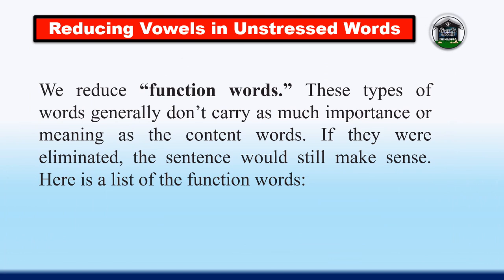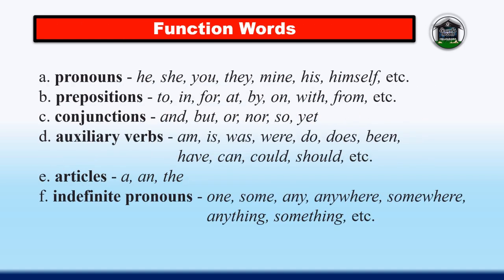Function words. We reduce function words. These types of words generally don't carry as much importance or meaning as the content words. If they were eliminated, the sentence would still make sense. The following types of words are function words. Pronouns, as in he, she, you.